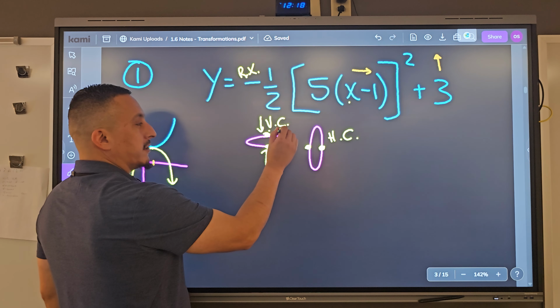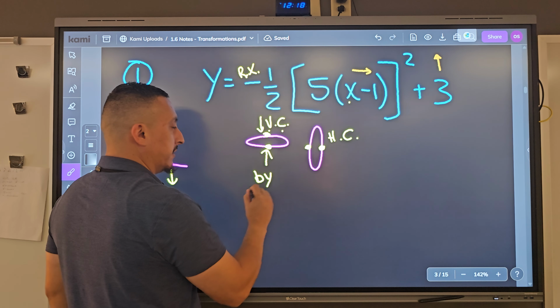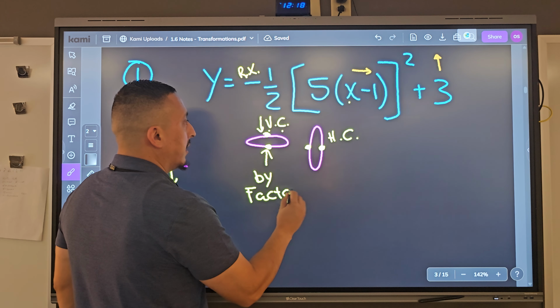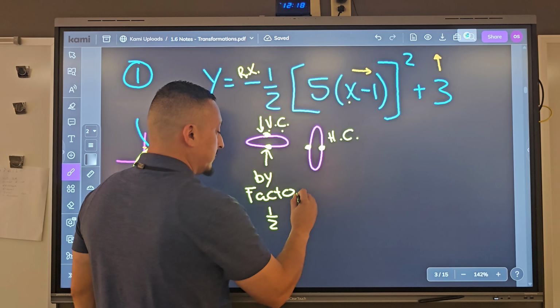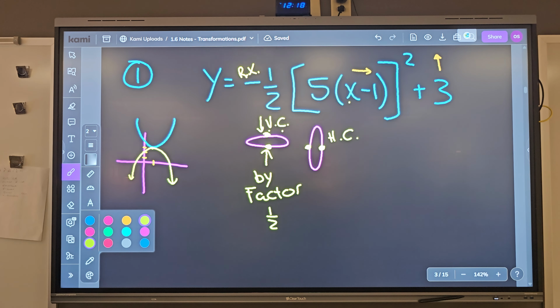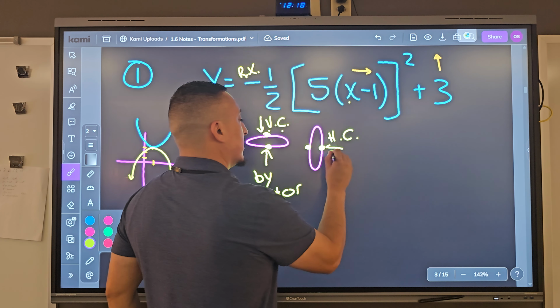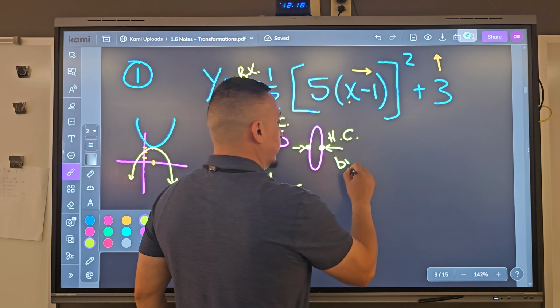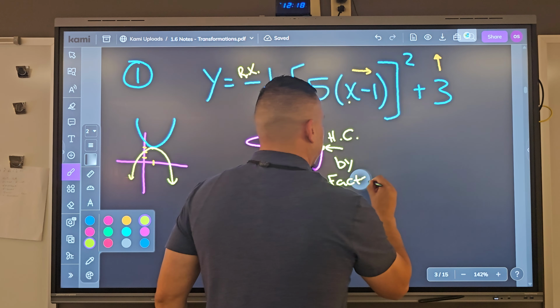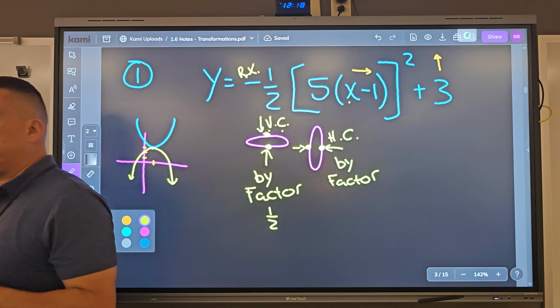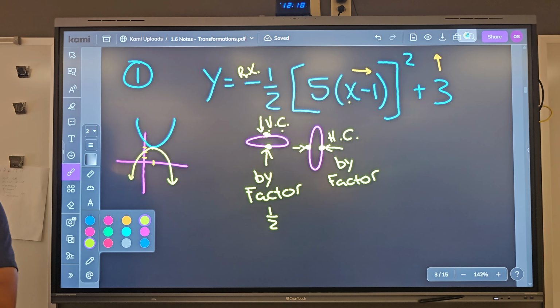This has a vertical compress by a factor of 1/2. So I'm pushing it with half force. The horizontal compress is being pushed in by a factor. This factor makes sense, like how strong you're pushing it in, like how skinny it is. But remember, the inside is opposite.